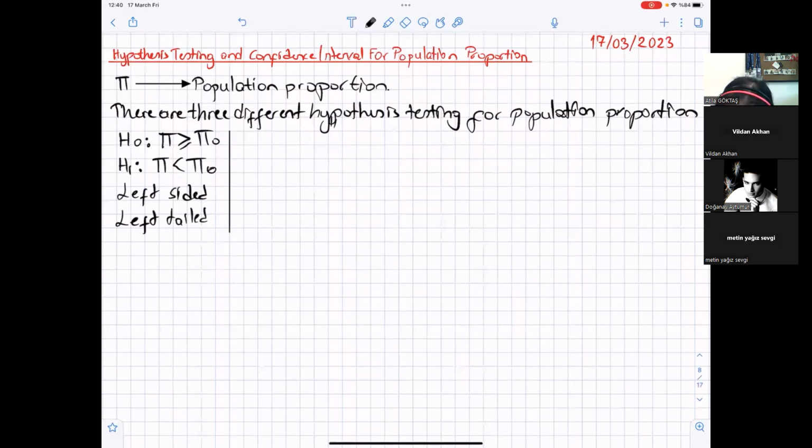The other one, which is the right-sided or right-tailed, would be in the different direction. The null hypothesis: pi is less than or equal to pi null, and the alternative, pi is greater than pi null. And this is right-sided or right-tailed.